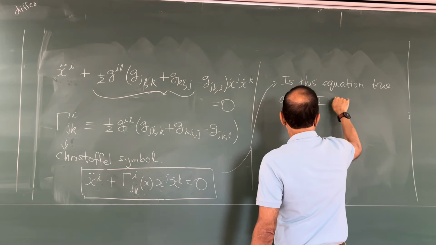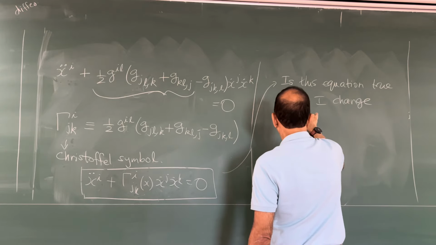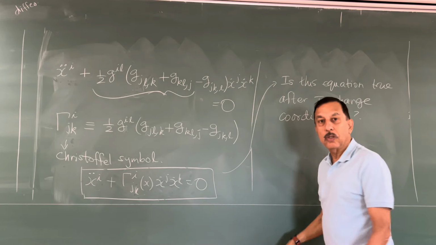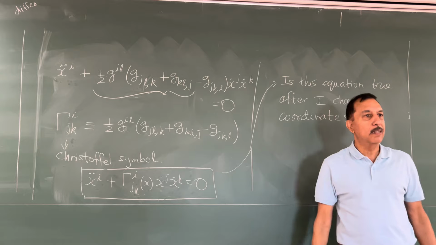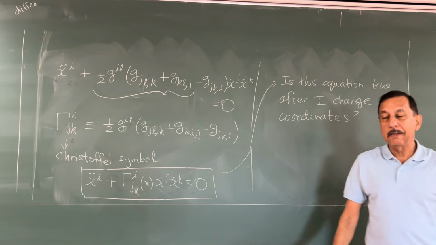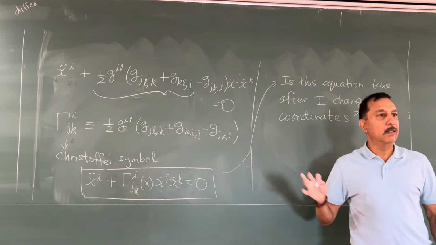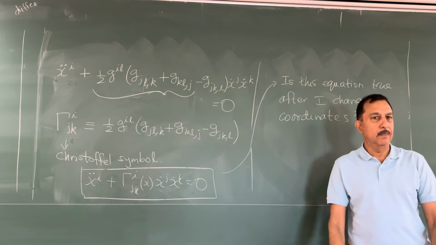After all, the whole point of geometry is that things should not depend on my choice of coordinates, and the metric we know transforms as a tensor that guarantees that the invariant length g_ij dx^i dx^j is the same in all coordinate systems.